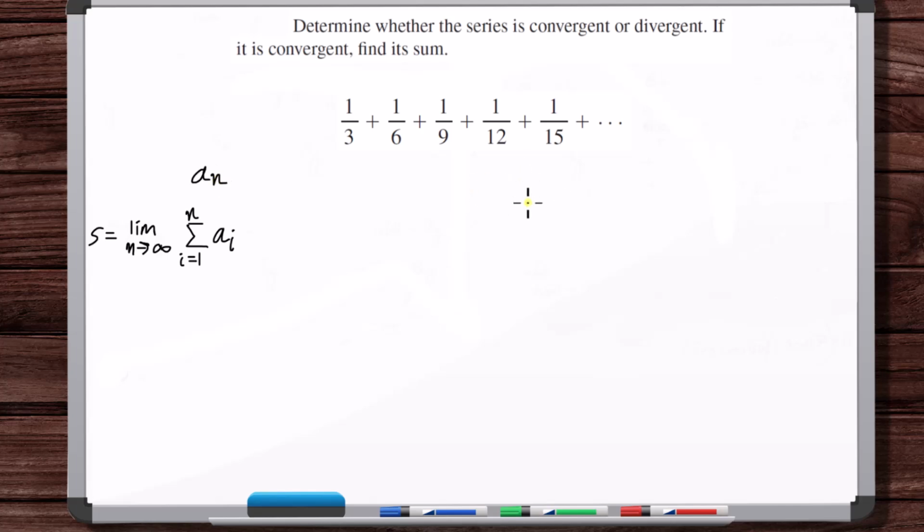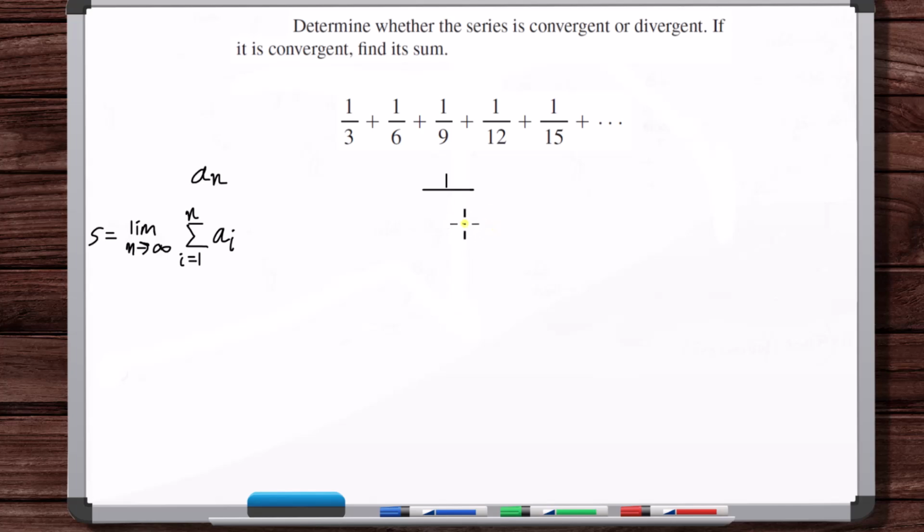All right, so it looks to me like for the a sub n, the denominators of these fractions form an arithmetic sequence. And that starts at 3. So we'll say that we're starting at n equal to 1. So our sequence and series are going to start at n equal to 1.